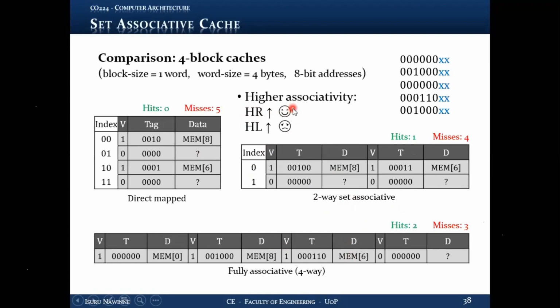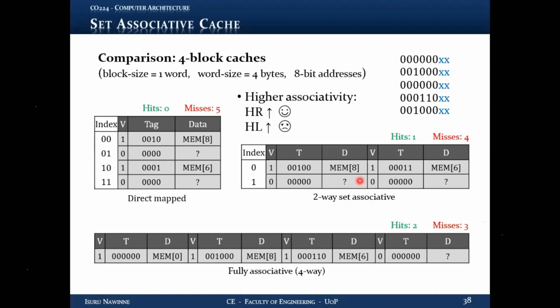So that is what we wanted. We wanted to improve the hit rate, but at the cost of the hit latency. We need to add more hardware. As we keep incrementing the associativity, you need more and more parallel comparators to decide tag matches.